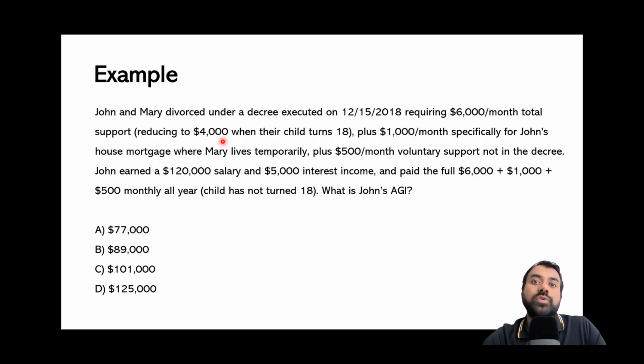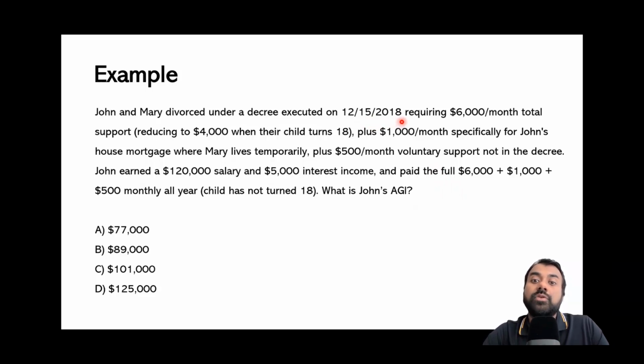This example shows you something very important. That is, during your CFP exam, you might be presented with a lot of information and you need to be aware of which of the information that you have been provided with is useful and which one is just a distraction. So by reading this whole question, I should note two important things. The first thing is the divorce was settled before December 31, 2018.